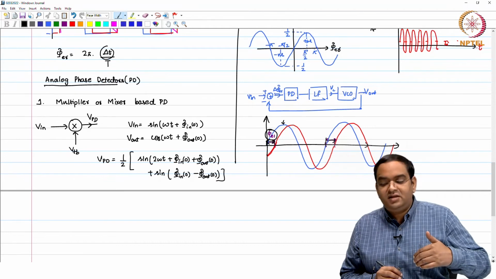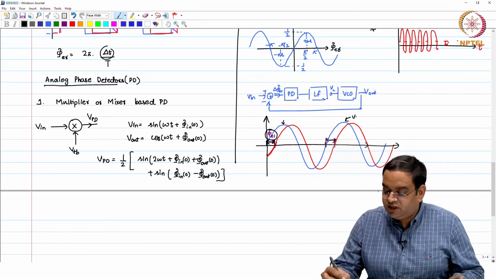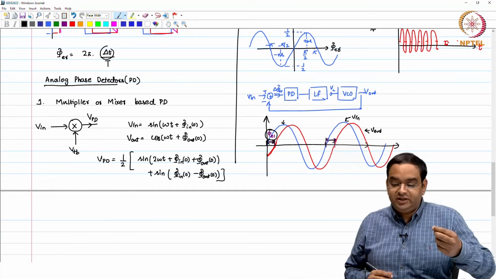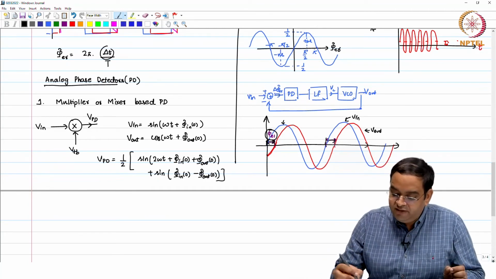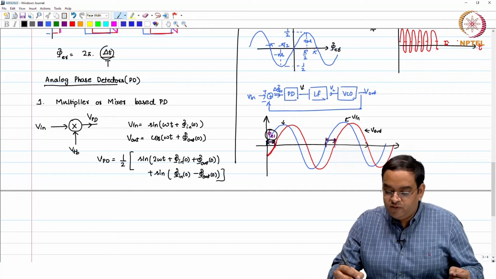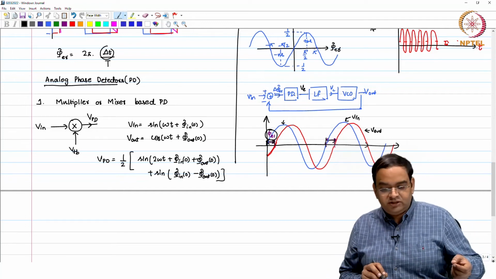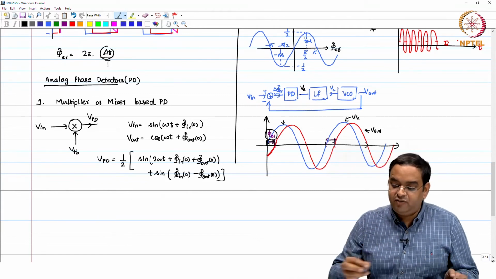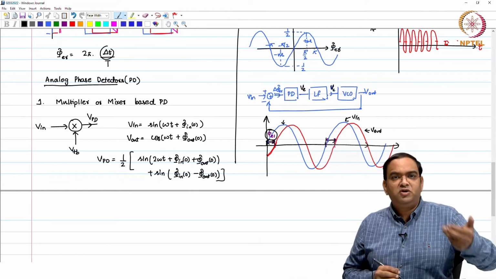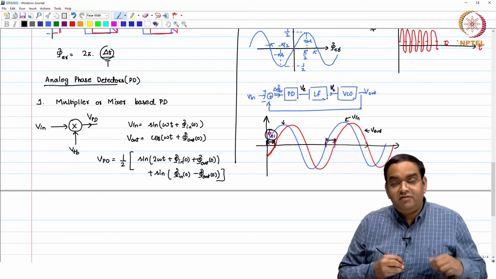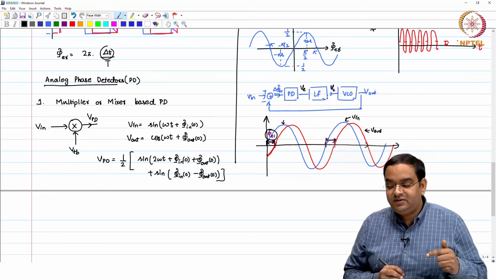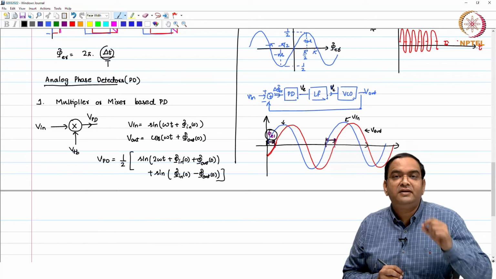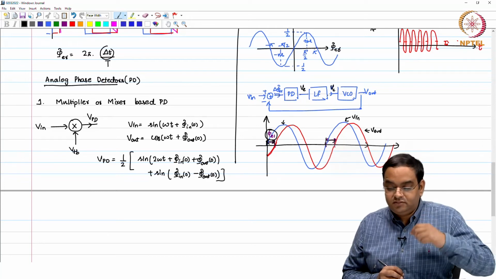The phase error is positive. This is your input signal, this is your output signal. For positive phase error, the VPD output V error is also going to be positive, because we know we are in the positive sine waveform. The loop filter control voltage will also be positive. If control voltage is positive, what happens?